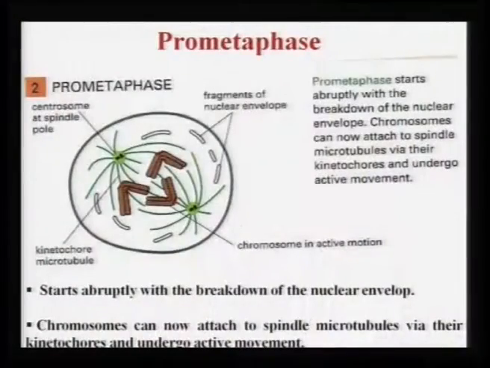So, what you see here are the fragments of the nuclear envelope, and then myosin motors interact with the DNA chromosomes. Here you can see slowly that there will be segregation of the chromosomes at two different regions, and the chromosomes now attach to spindle microtubules via kinetochores and undergo active movement.